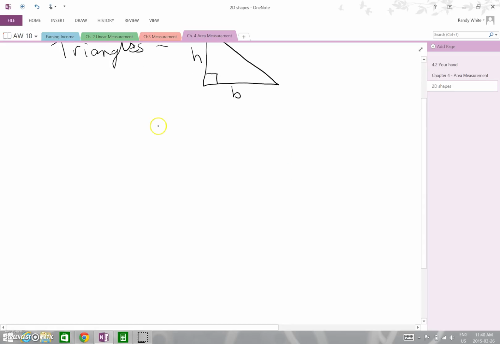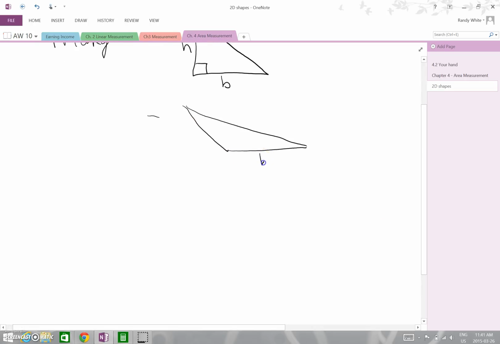You could have another triangle that looks like this. This is your base right here, and then your height is right there. The height of a triangle is always going to be at a right angle to the base.